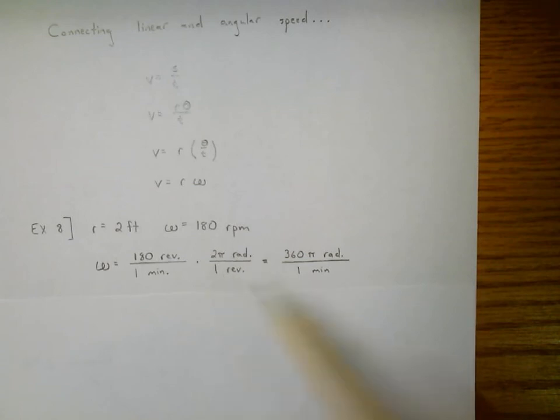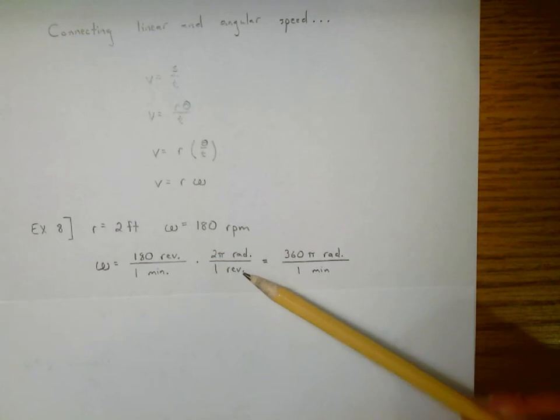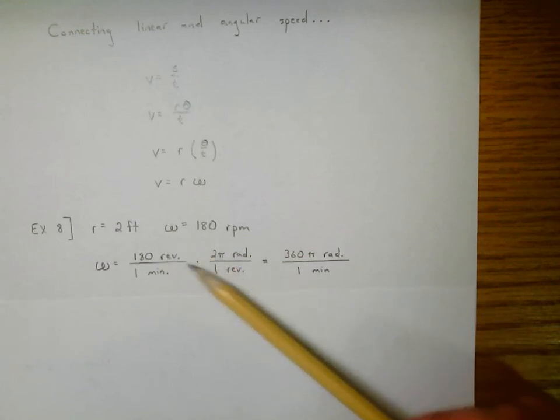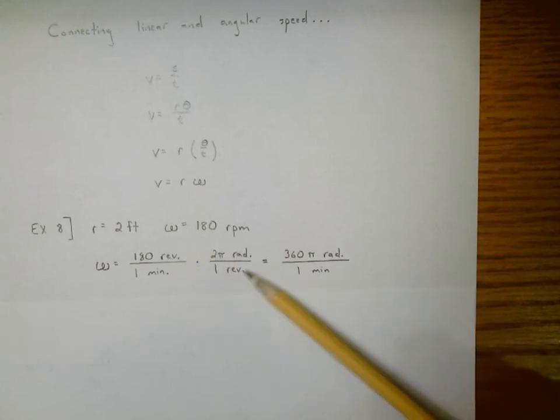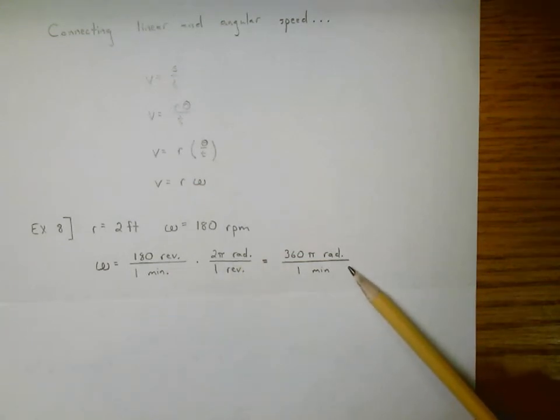My conversion factor is that 2 pi radians is the same as 1 revolution. I've got a common factor of revolutions to divide out, and that leaves my units being radians over minutes. So this is 360 pi radians per minute. You will get the chance to do that frequently in application problems. Convert revolutions per minute to radians per minute.